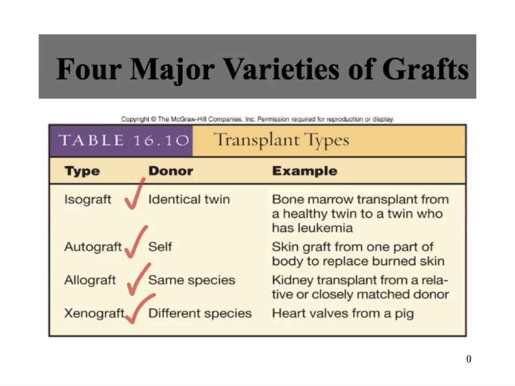So it's not a perfect match, and allografts can be successful, but again, a regimen of immunosuppressive drugs needs to be administered. Sometimes we can use other tissues, a xenograft from other species, like heart valves from pig and other such things. But again, the rejection can be an issue.